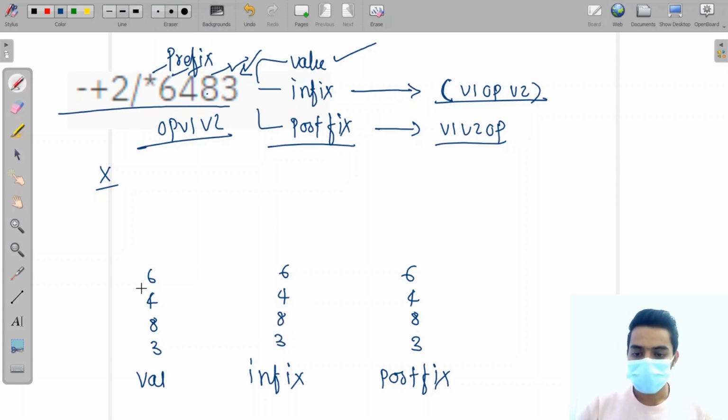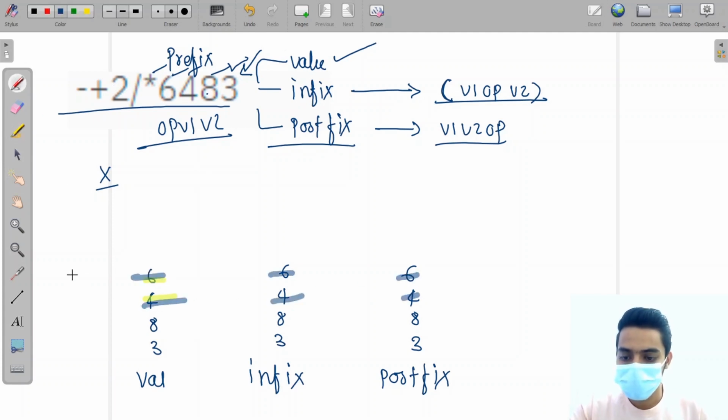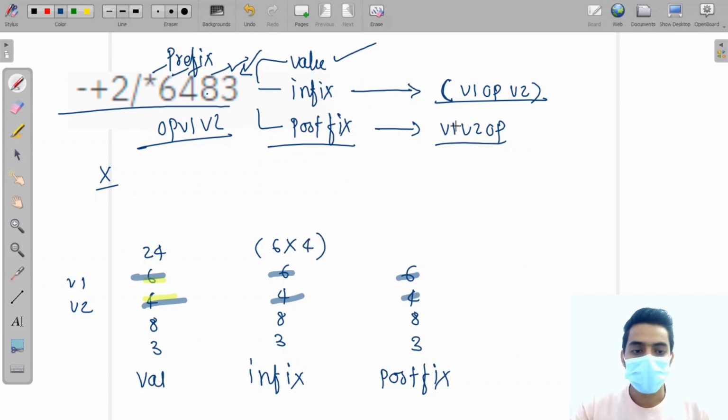For solving these expressions, we need to pop 2 elements from every stack. This is value 1 and this is value 2. For solving this multiplication, 6 into 4, that is 24. For infix, opening bracket first, then value 1, that is 6, then the operator, multiplication, value 2, that is 4, bracket complete.